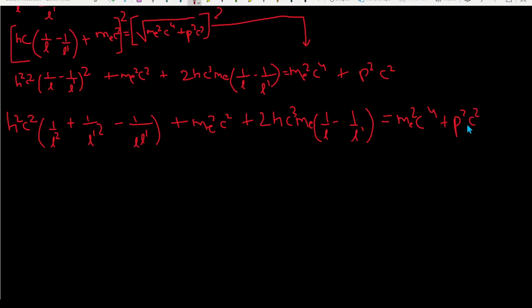Here p is the momentum of the electron, and now we are going to plug in its value.